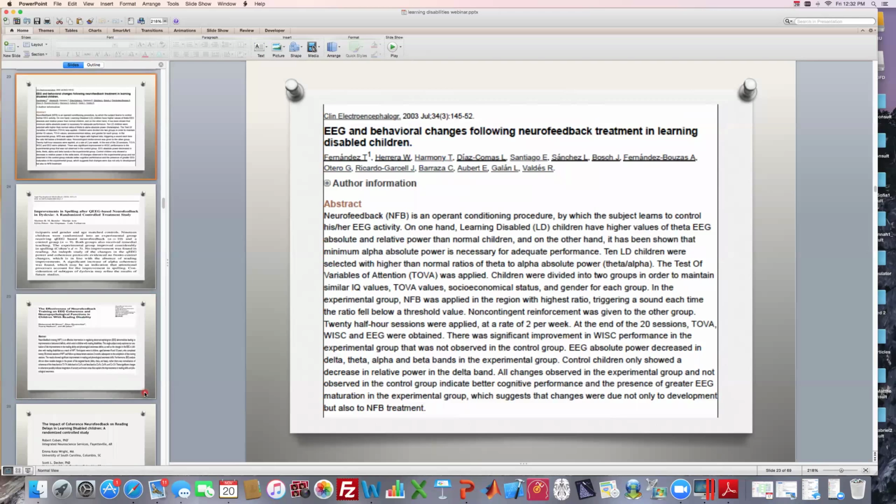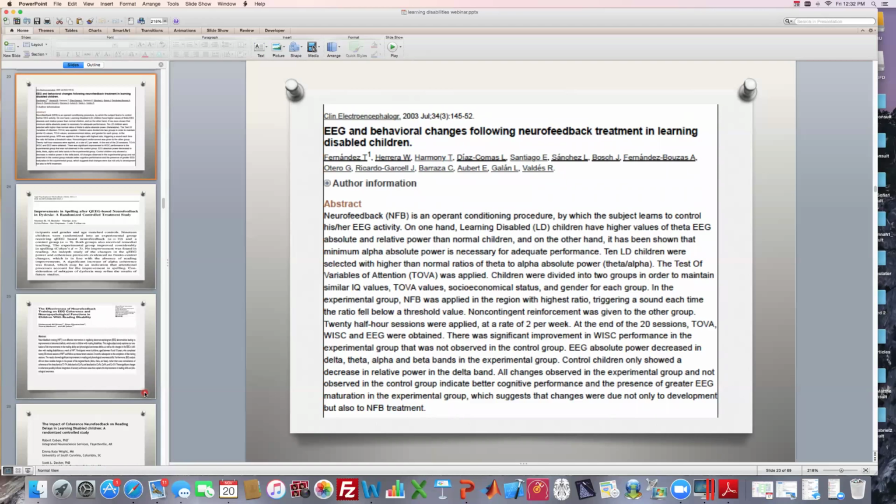Another study was published just prior to that, in 2003, by colleagues in Cuba. They studied individuals with learning disabilities and measured their QEEG. They had 10 children selected who showed higher than normal ratios of theta to alpha absolute power.